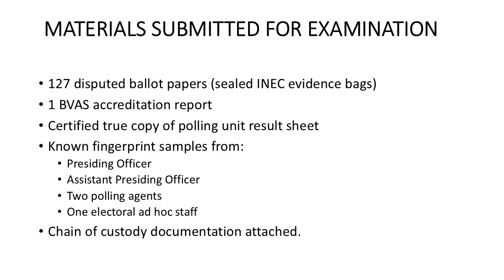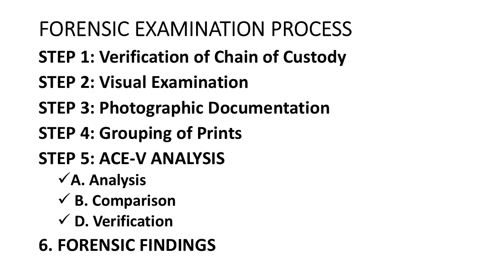So you have to confirm the chain of custody is still intact by confirming seal integrity and the document seal numbers. For example, for the ballot papers, you confirm that the serial numbers on them correlate with the ones allocated to that polling unit.